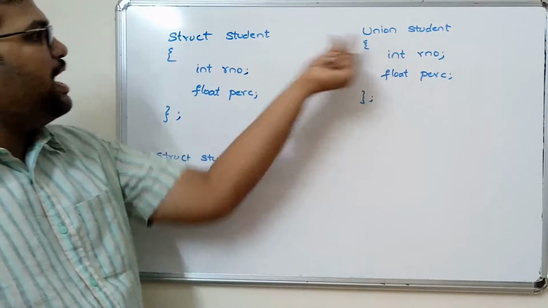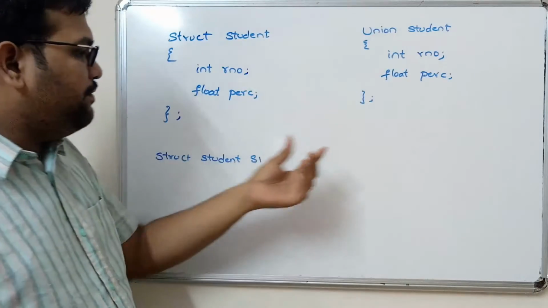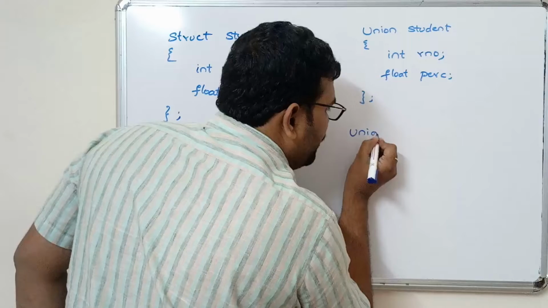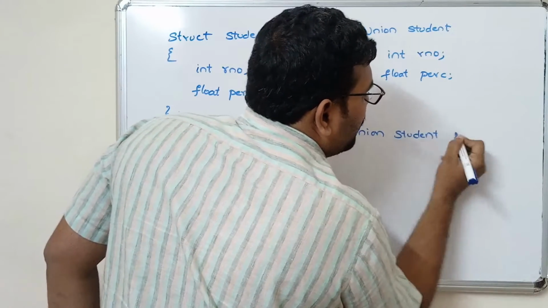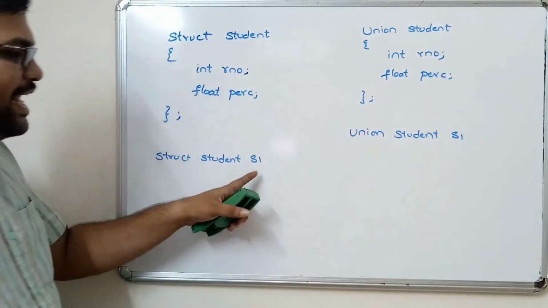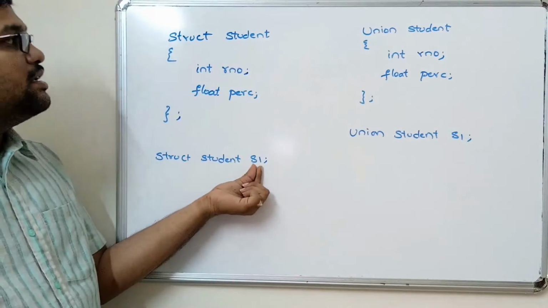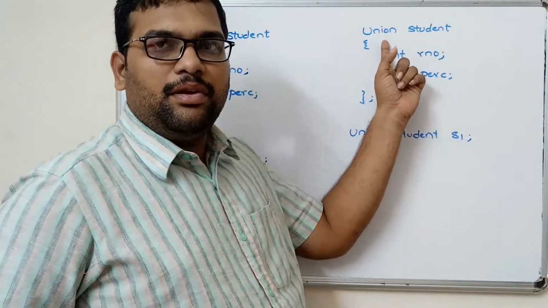Here I am just replacing the struct keyword with the union keyword, that is it. For declaring the union variable, again you have to use the union keyword, the tag name student, and s1. So here s1 is a structure variable, and here s1 is a union variable.